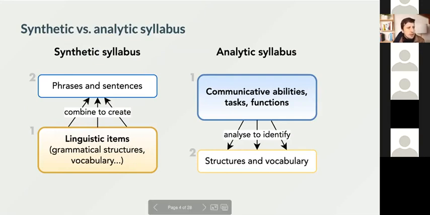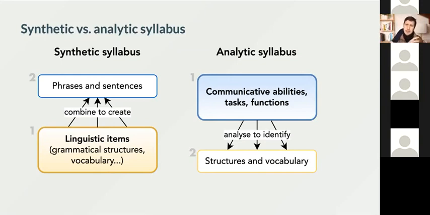So you start with the grammar, the vocabulary, etc., with the idea that your students will then be able to combine these different linguistic items to create sentences, to create phrases, to create messages, to create utterances, and to express themselves in a communicative situation. Okay, that's a synthetic syllabus. It's synthetic because you start with small pieces and you hope that your students will be able to put these pieces together to create bigger pieces, which are the sentences.